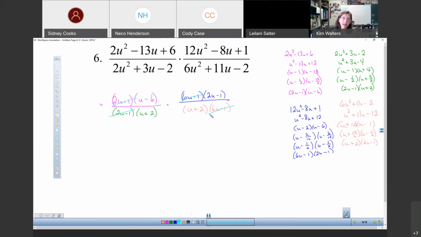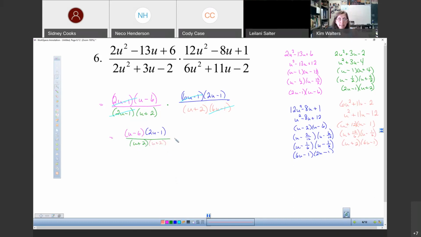This doesn't simplify. It's in two different fractions, but they are both in the denominator. So my final answer here is u minus 6 times 2u minus 1 all over u plus 2 times u plus 2.